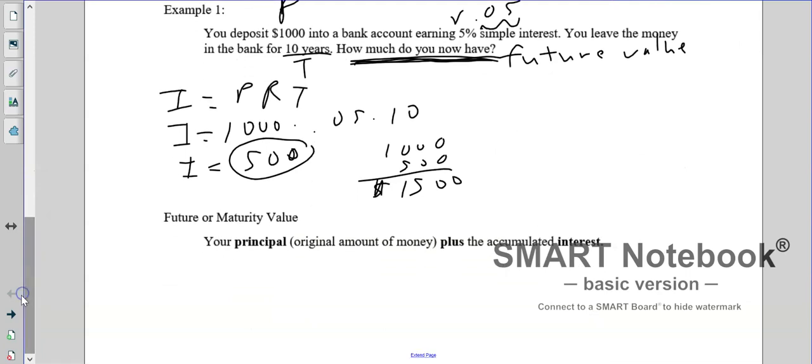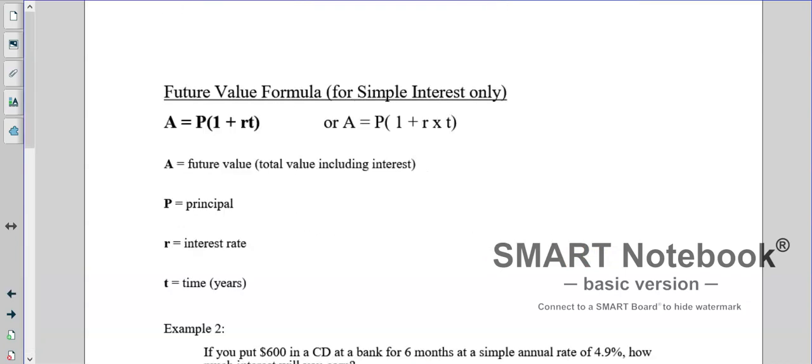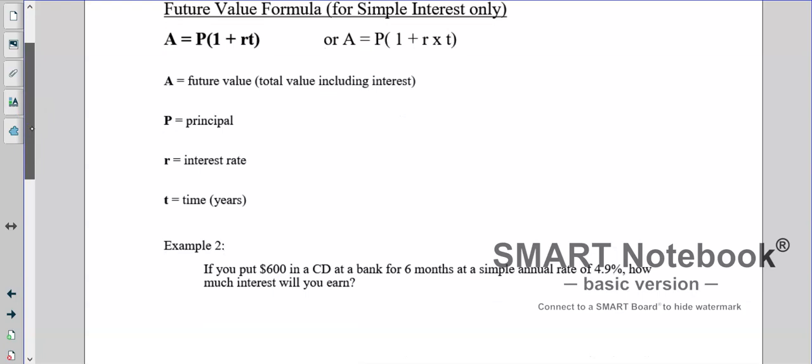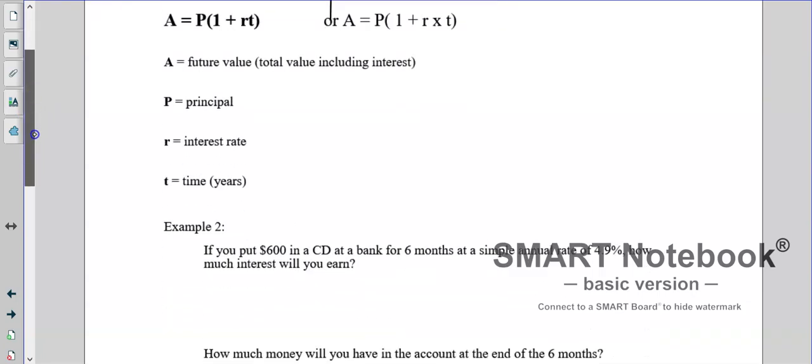Now, there is a quicker way of getting to that problem. Remember, future value is the principal plus the interest. Here's the formula. I think this is kind of silly. I don't know why it's in there, because we don't use x's for times once we get into Algebra 1. Once we put our adult pants on, we don't use x's anymore because x is a variable.